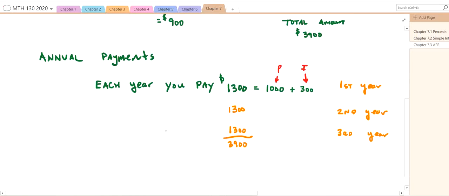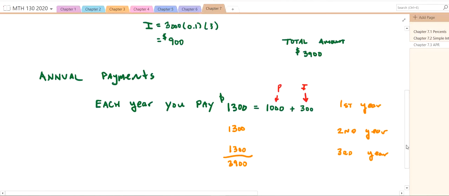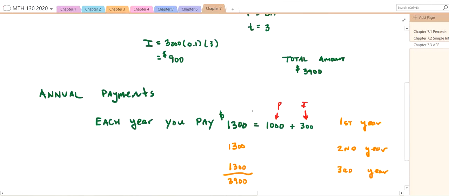But here's the issue. Each year you're paying back 1,000. So each year the amount of principal you owe is smaller. But yet you're getting charged interest on the full principal every year. And, well, this means that you're not exactly paying an interest rate of 0.1, you're paying a higher interest rate.